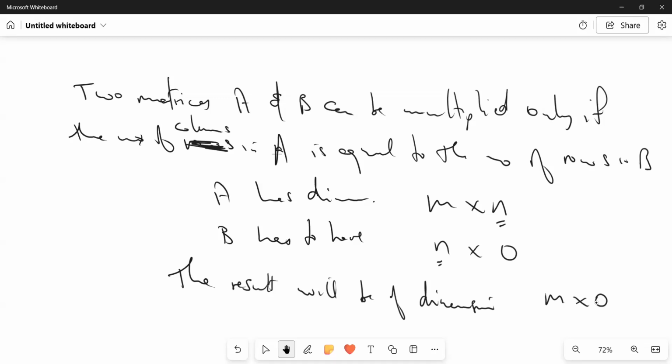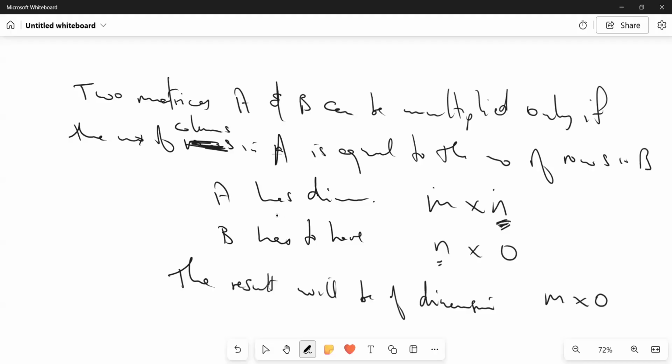If that doesn't happen, you're going to end up with some awkwardness. I need to show you that maybe with an example. A has a dimension of M by N, and B has to have the dimension N by whatever the number is. Remember it's rows by columns.